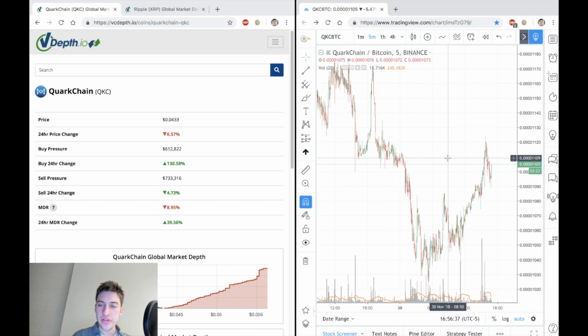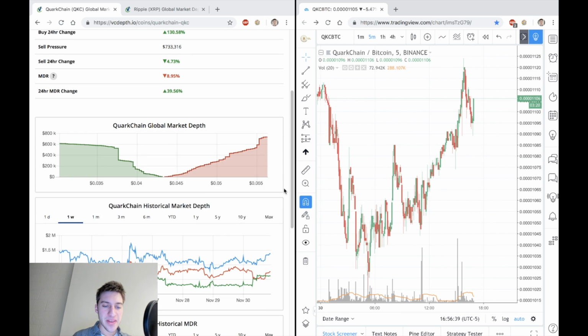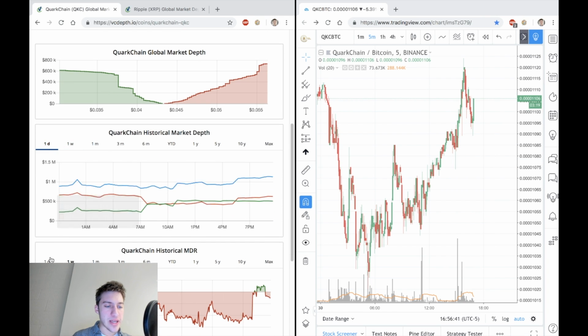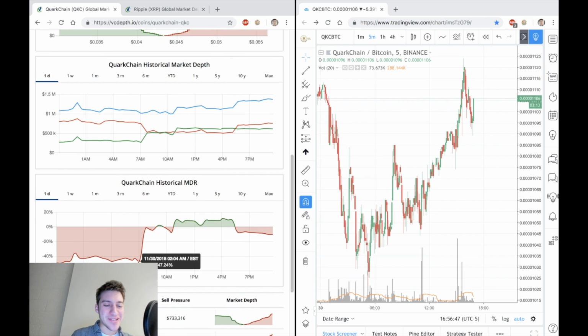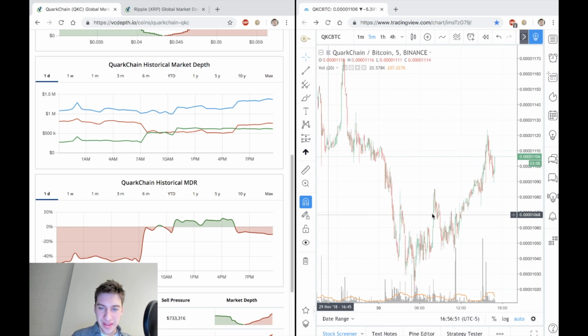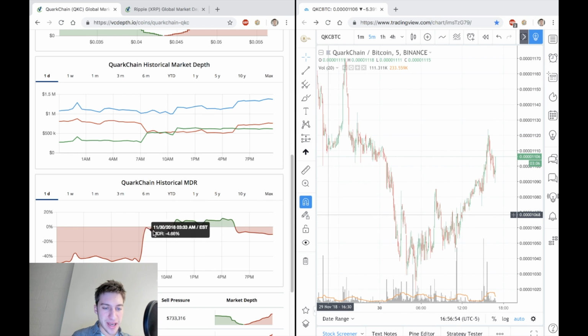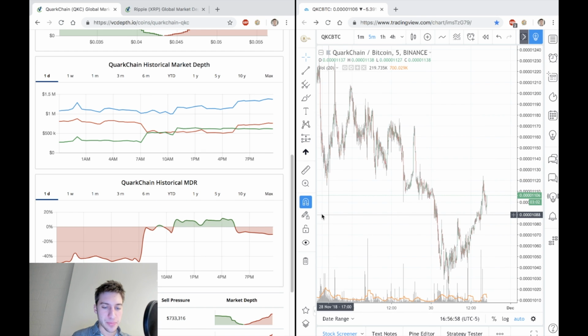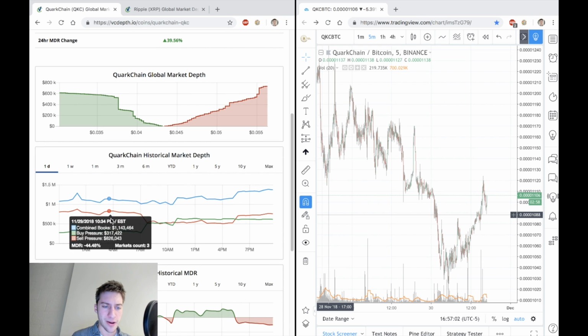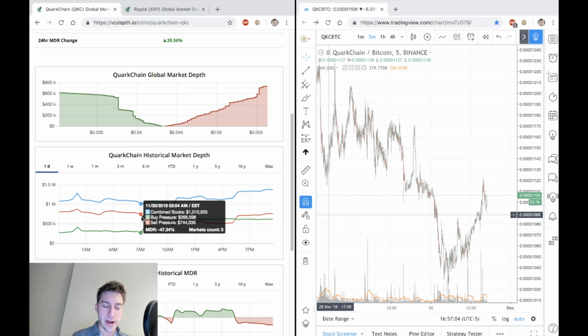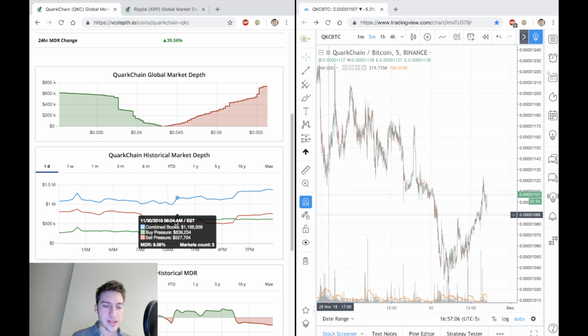If we go to the 1 day, this one was really cool. Look what happens from about 2 a.m., here at 7 a.m. You can see we have a quick drop in negative MDR, and it looks like price rose. This is a lot more clear than the MDR, the bids and the offers. Offers are higher, we don't want to buy, and then we get this spike in bids.